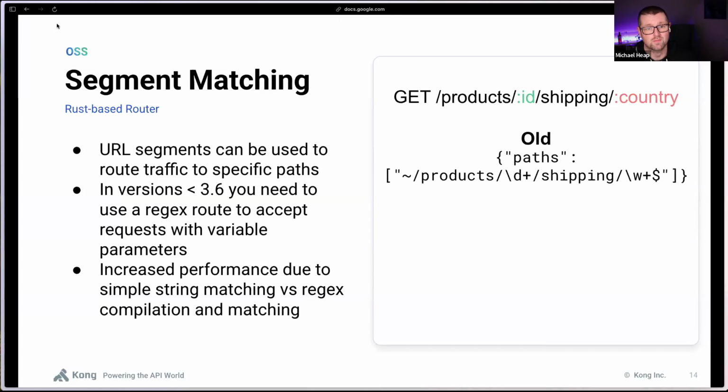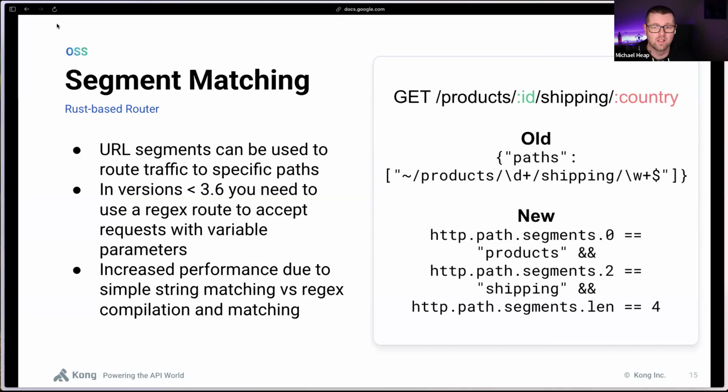Regexes are slow. So in Kong Gateway 3.6, we've added new capability to the expressions router that lets you compare specific segments of a URL path. This leads to increased performance due to being able to do simple string matching.